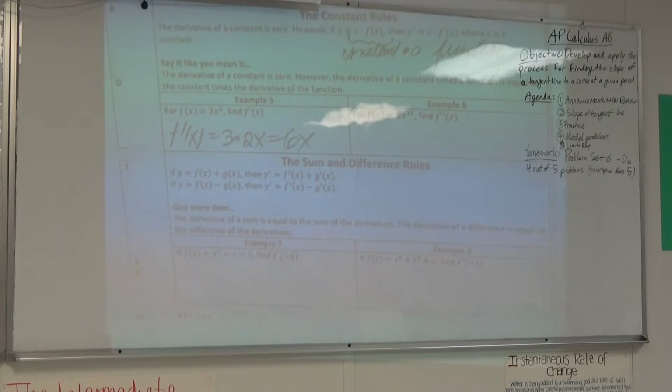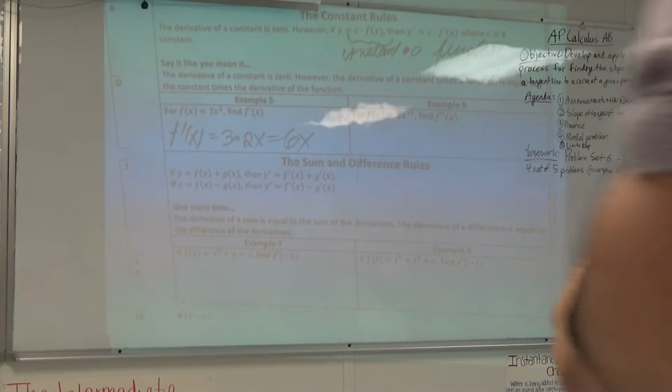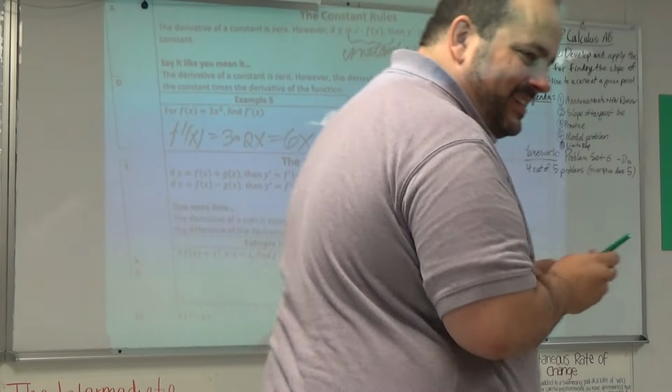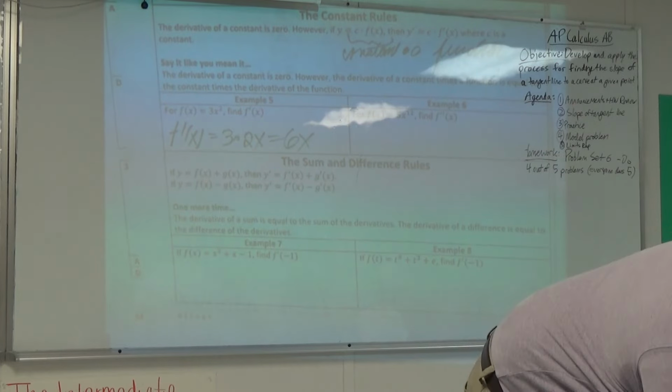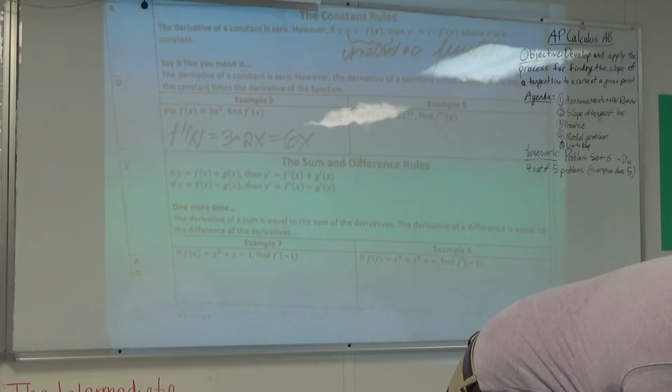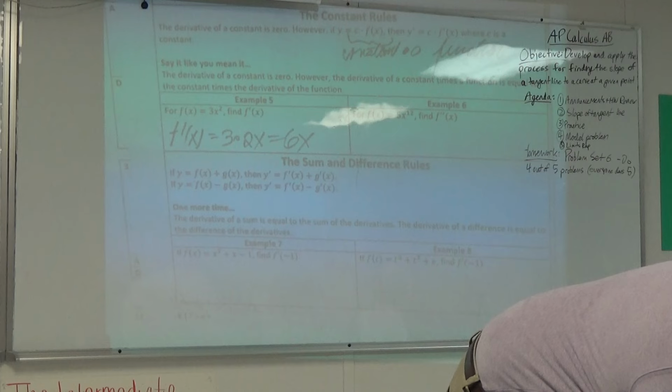You said 60x. That's the derivative. Oh, we're doing it twice, I'm assuming. Except if I want f prime prime, what are we going to do? What it looks like to me is you're finding the derivative one time already.